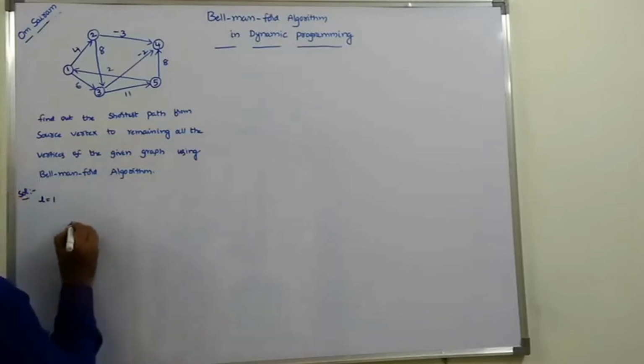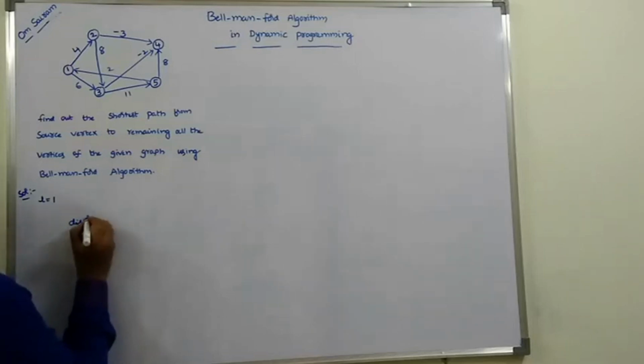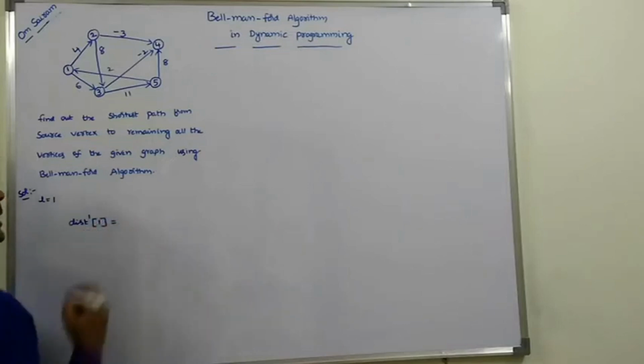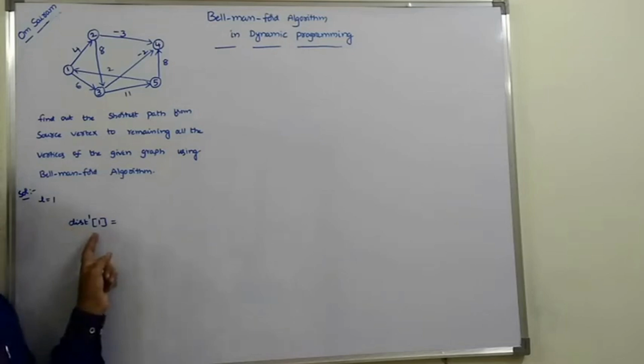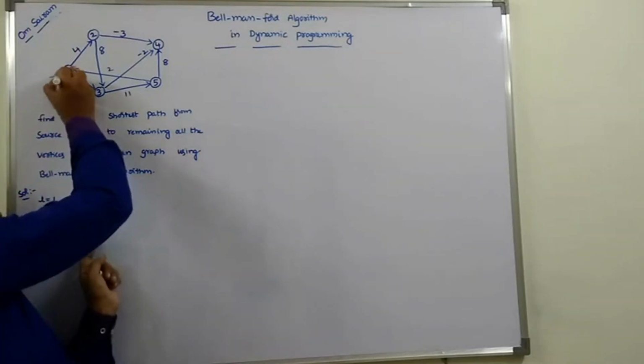So then dist 1 of 1. That is nothing but the distance from source vertex 1 to destination vertex 1. Here the source vertex is 1.